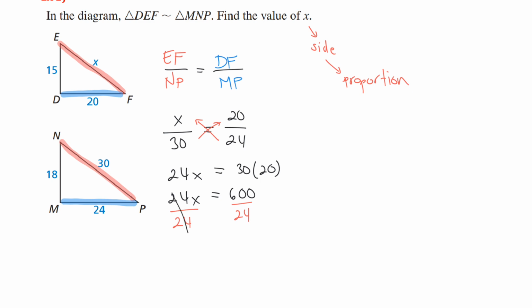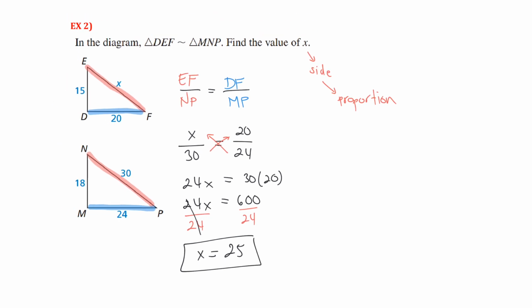So finishing up the problem here, 24 divided by 24 becomes 1. I'm left with just x is equal to 600 divided by 24, which is 25. All right. So that right there is how we use proportional sides to solve for a variable.